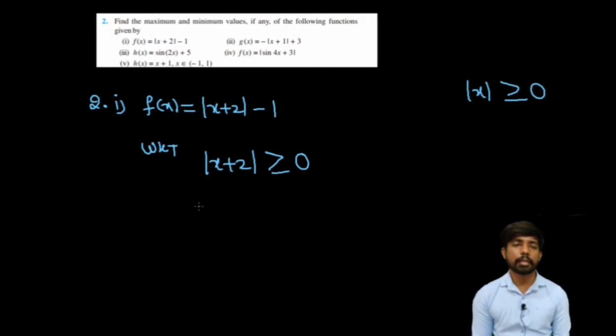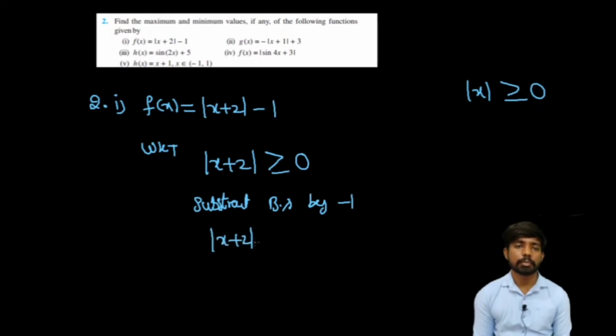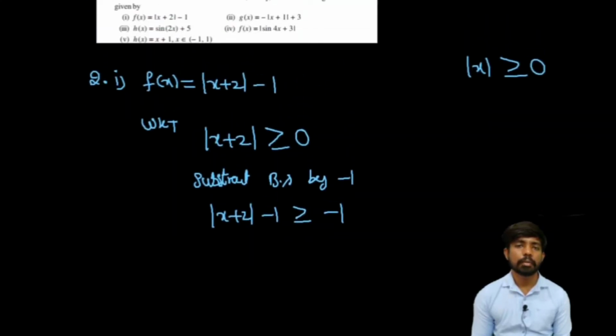So mod of x plus 2, minus 1, is greater than or equal to minus 1. This entire thing is the function f of x, right? So f of x is greater than or equal to minus 1.